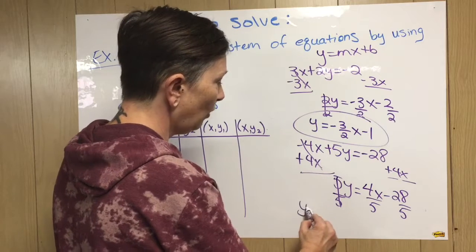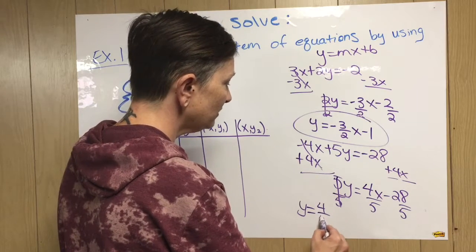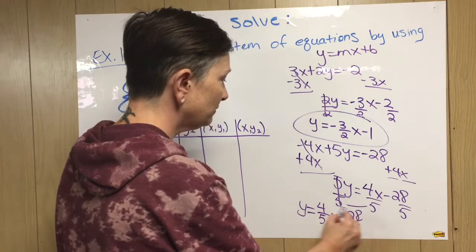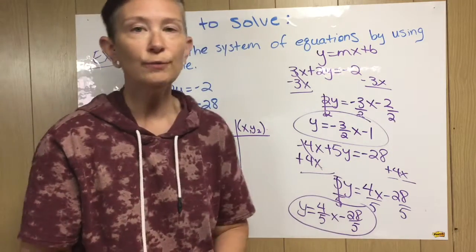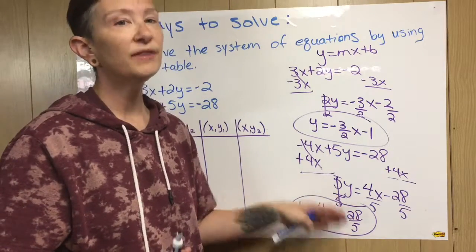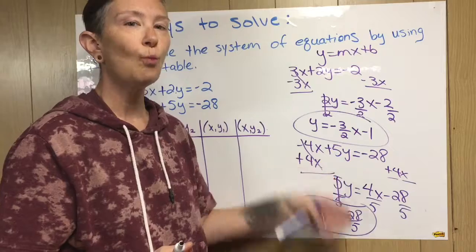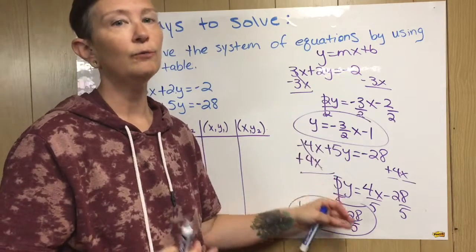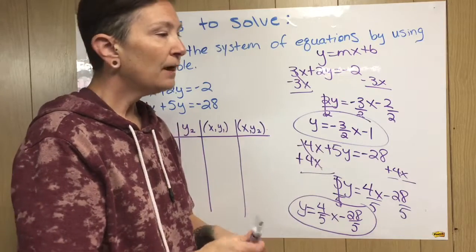That will leave me y equals 4/5 x minus 28/5. The important thing to know here is that yes, you do have fractions, but that's okay, because if you use your tools wisely, you can use fractions in the calculator to help you calculate faster.